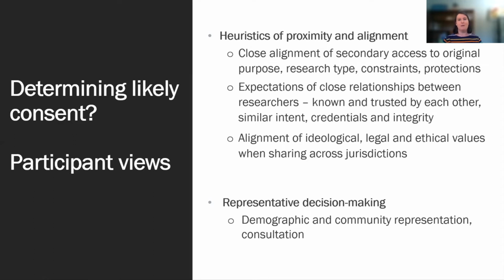So by that, they meant primarily that the secondary access, the access seeking access to the data with waived consent, was in close alignment to the conditions of the original research. So the original purpose, the research type, the same constraints, the same protections. The closer that alignment, the more confidence they felt that it might be a decision that they would have been willing to also undertake. And the further it got from those original conditions, the more strongly they felt that you can't make that determination, you must seek consent again.